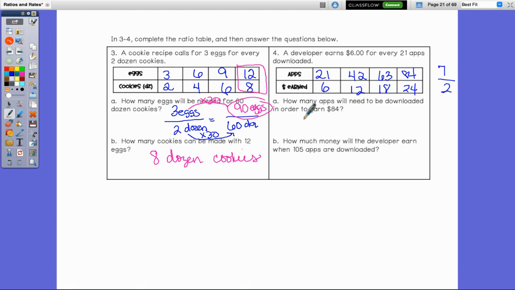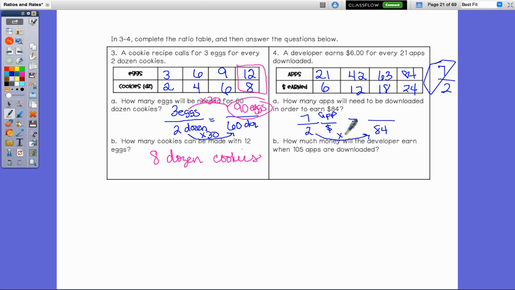Okay, so how many apps need to be downloaded to earn $84? So I have apps to dollars, and I'm using the simplest form because I find that easiest. And so I want to find out $84. So I ask myself, what do I do to 2 to get to 84?